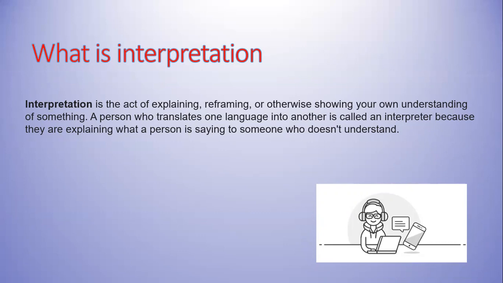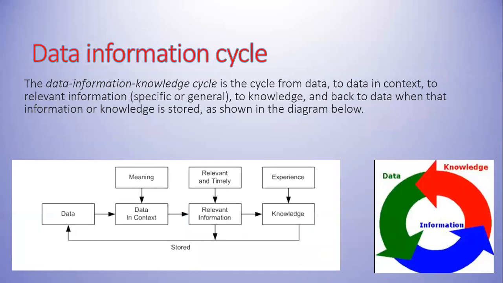So if you come back to this data information triangle, you can also present it as a data, information, knowledge cycle, which is the cycle that forms from data to data. You start with the data, put it in context, and then you assign meaning to it. Once the meaning of the data is in context, then it is information.